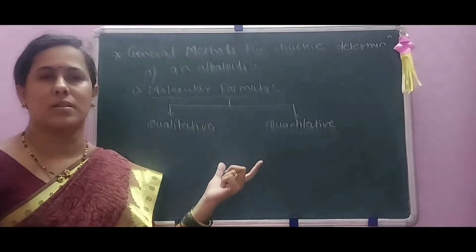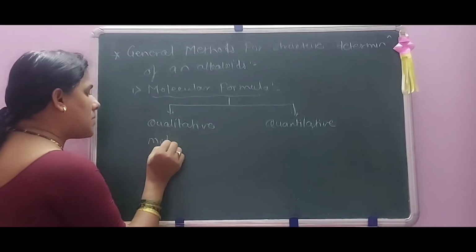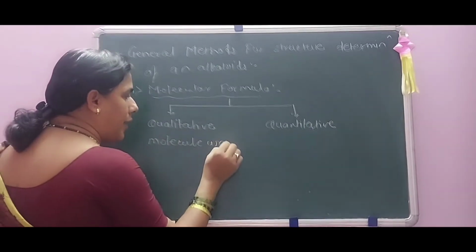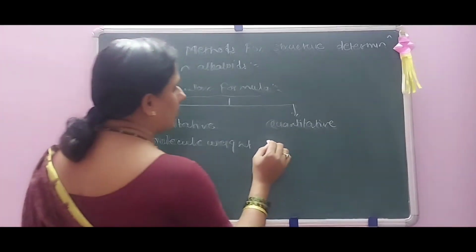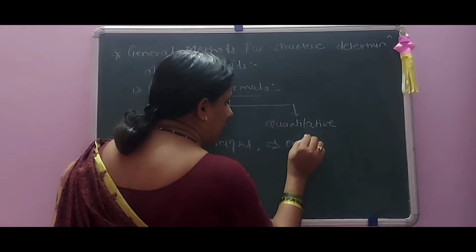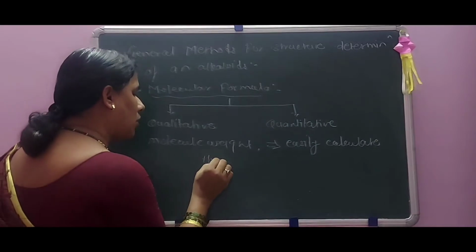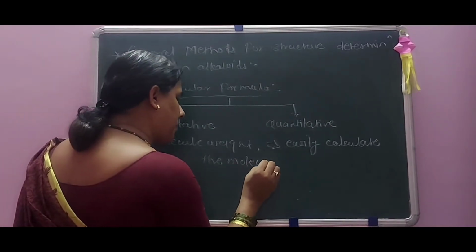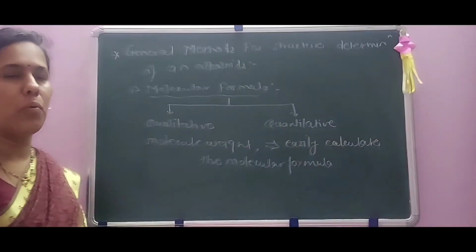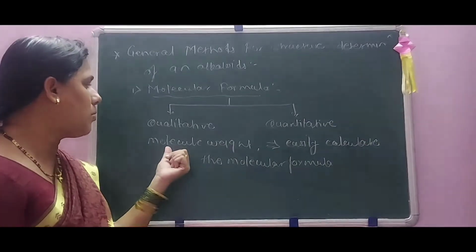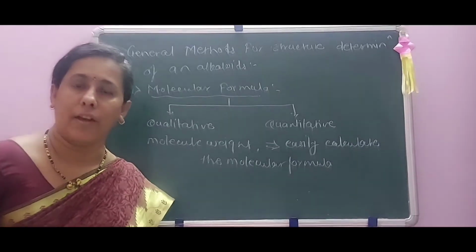By using these methods, we get the molecular weight, and once we get this molecular weight, we can easily calculate the molecular formula of an alkaloid.